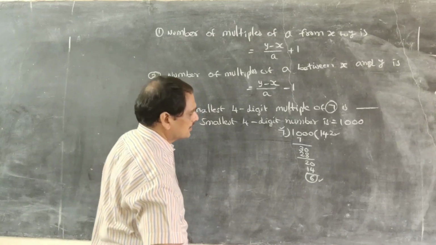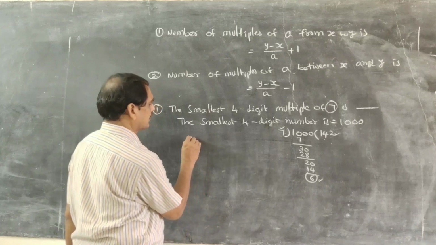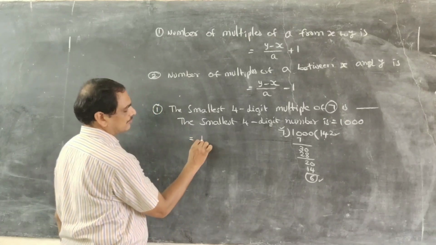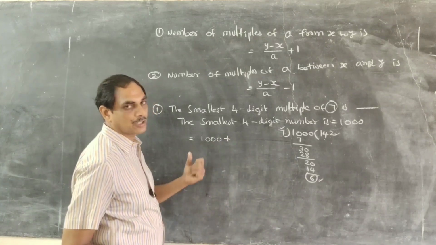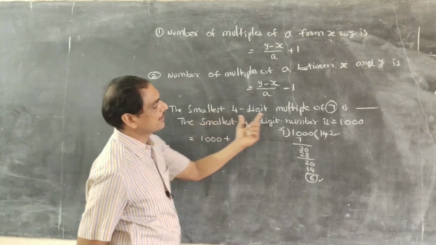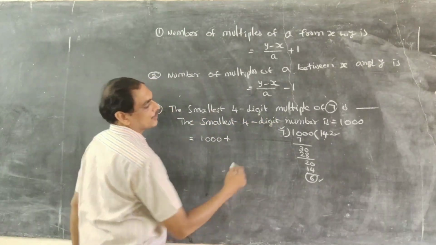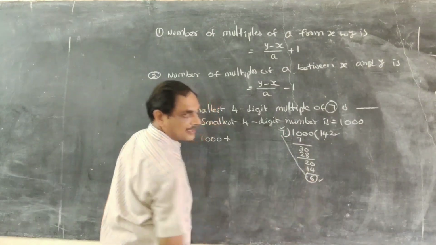Now, to find the smallest 4-digit multiple of 7, the number we start with is 1000, the smallest 4-digit number. We add the difference between the divisor and the remainder.